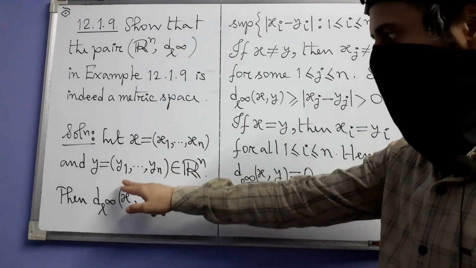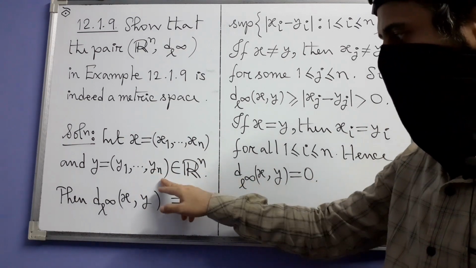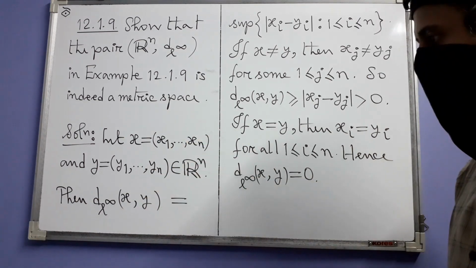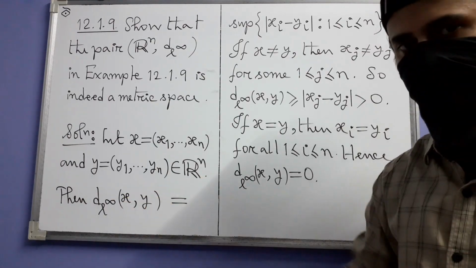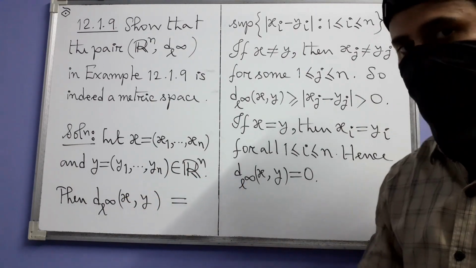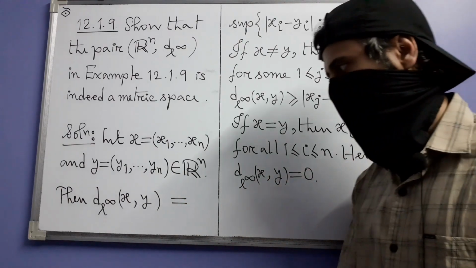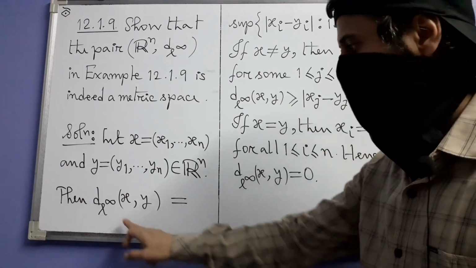So we take any 2 points x and y in Rn with these respective coordinates xi's and yi's, and then we recall the definition of this function. Cannot call it a metric now itself because that's what we want to show. So let us instead call it distance function.